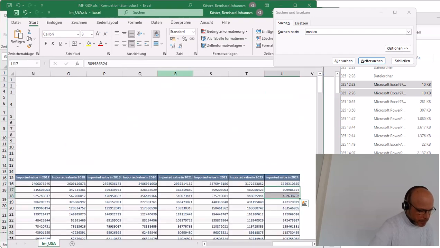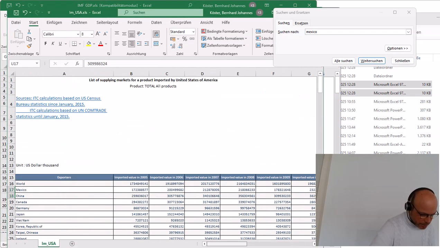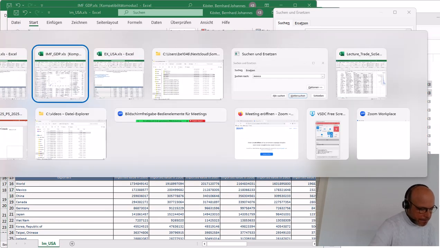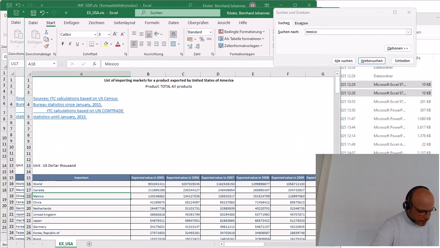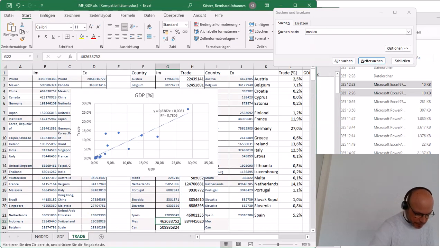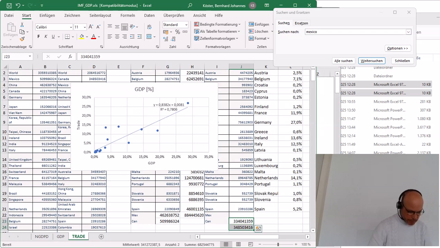And here we have imports. Am I right? Exporters. So exporters are imports of the United States. This is okay. And then exports also Canada and the United States, Canada and Mexico. So, but also exchanging this.